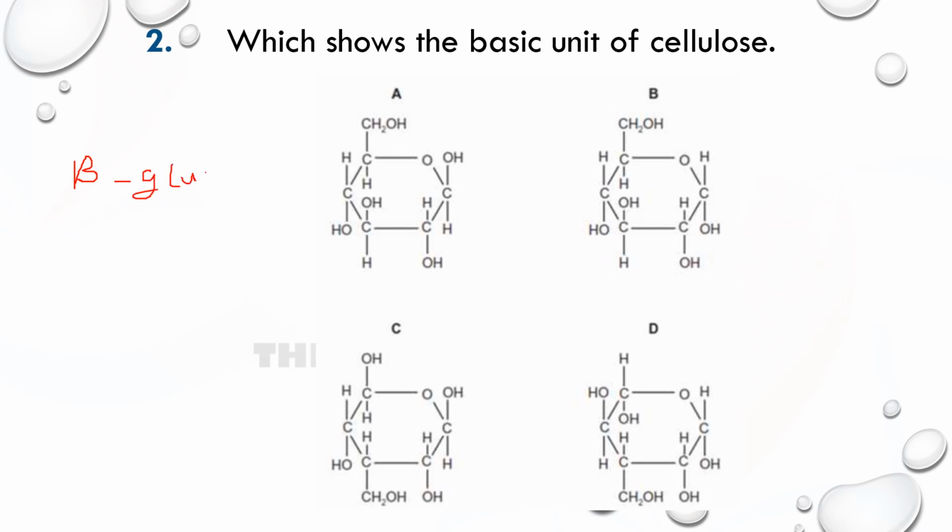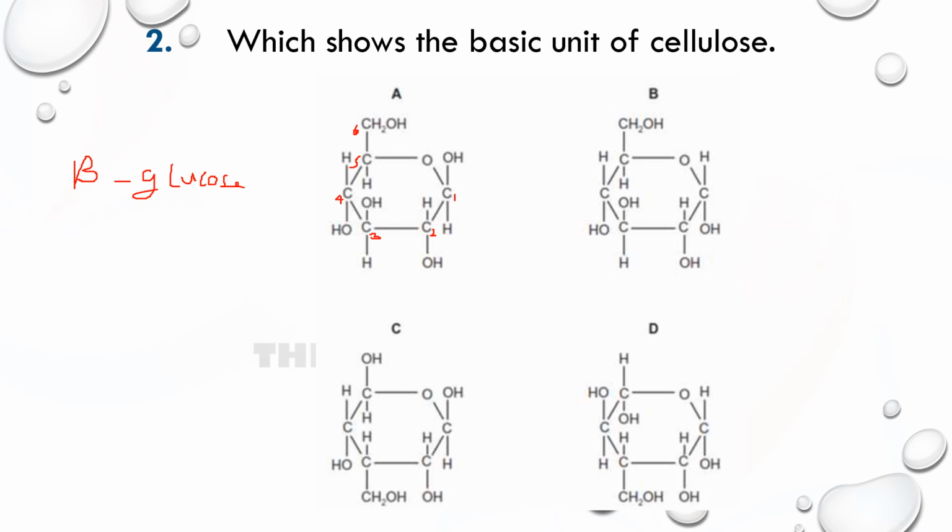So how do we know it is beta glucose? Of course, this is a glucose. This is the first carbon atom, second, third, that is fourth, this is fifth, that is sixth. So this is a glucose, a hexose sugar.